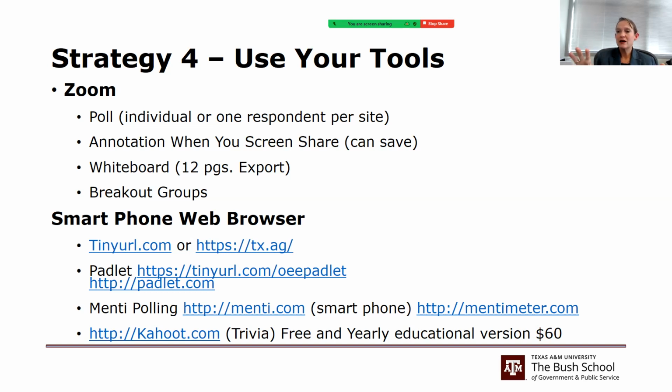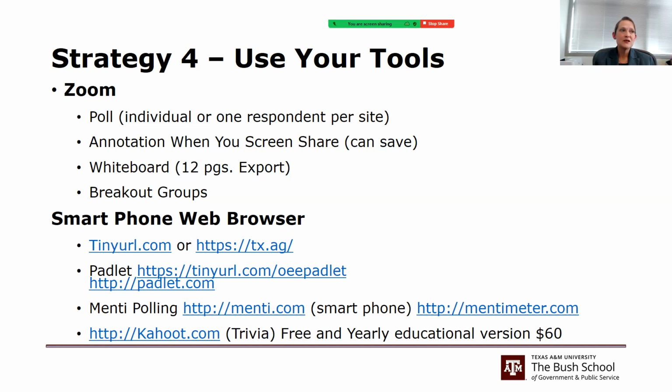So if you have a classroom location and not everyone's in Zoom, certainly that makes the Zoom polling more difficult because you're not having all the individuals respond. Your poll will be one site response, and maybe you'll have one student serving as the voice of the site.